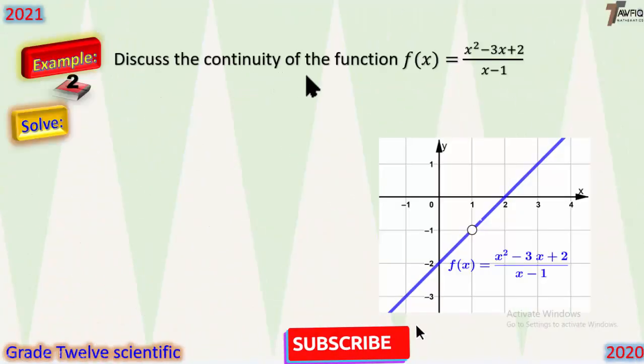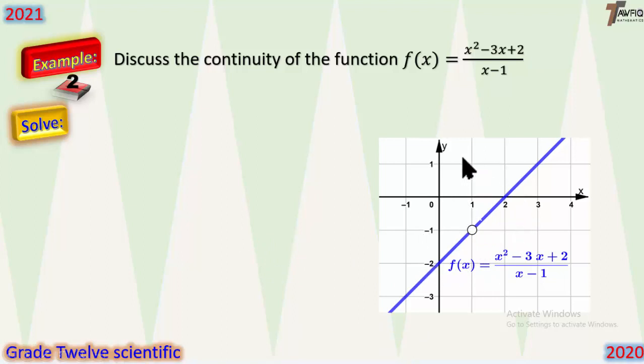Discuss the continuity of this function f(x) equal to (x squared minus 3x plus 2) over (x minus 1). As you can see in the graph, if the graph was given, you have a hole point here. Therefore, at that point this function is not continuous, and this discontinuity is removable.